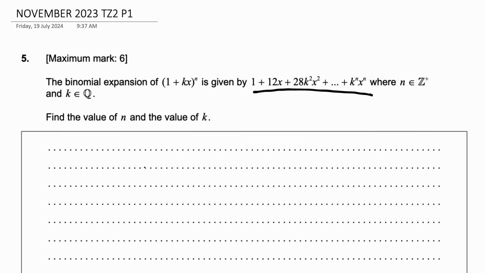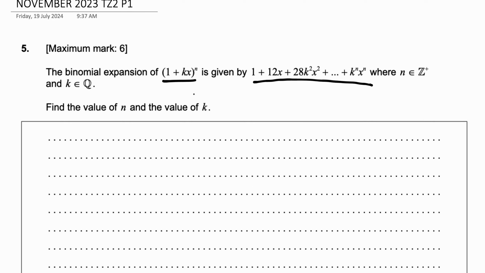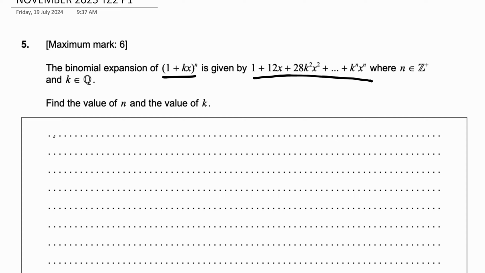How do we get started? Well, let's expand this. Let's just expand it to the first 3 terms. That's all we really need here because that's all we're really given. So how do we expand (1 + kx)^n? Well, we know we can say first n choose 0 times 1^n times (kx)^0. Now this formula is given in your data booklet.